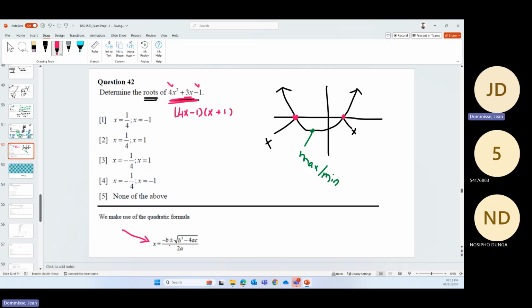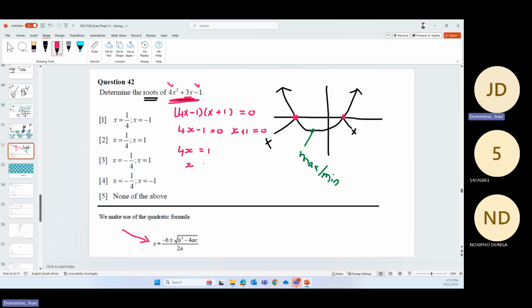You can use the roots formula or the quadratic formula as well, because what we will now need to do with this is to say 4x minus 1 is equal to 0. So now we follow the same principle. We just did not do the differentiation on these points. So 4x minus 1 is equal to 0, so 4x is equal to 1.